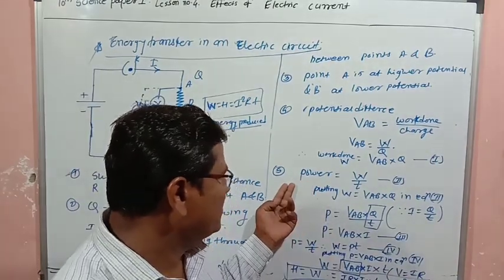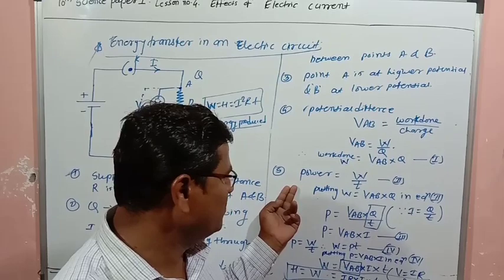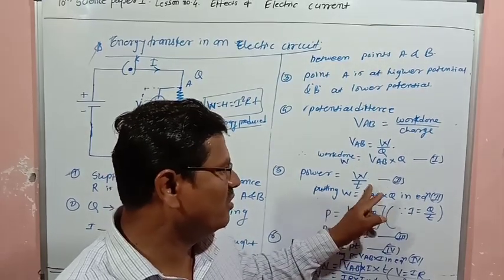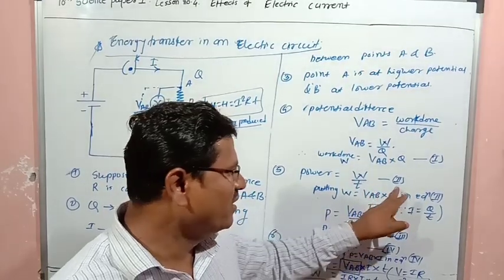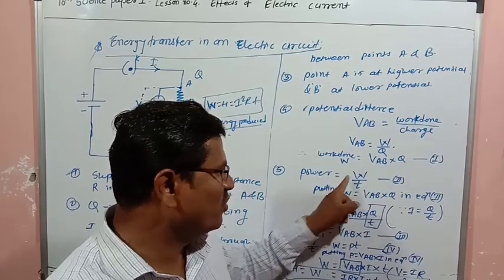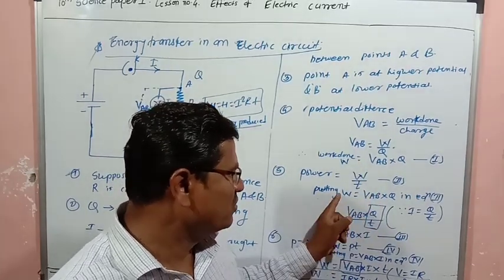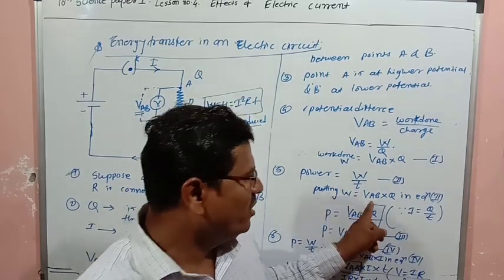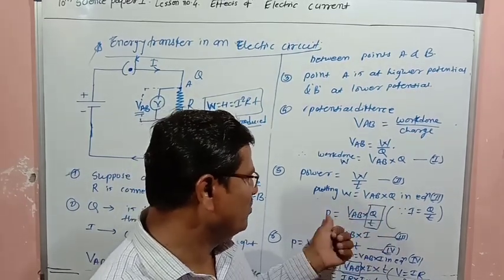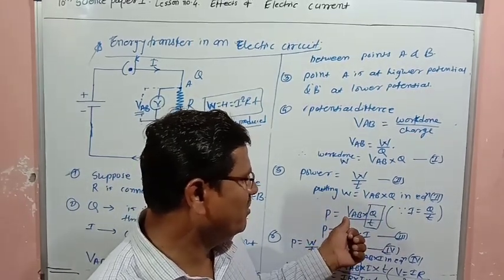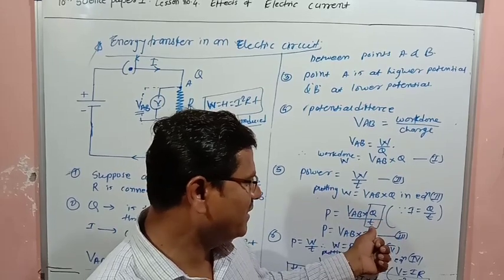Power, P, is equal to W upon T, work done upon time T, equation number 2. Putting the value of W in equation 2, we get P is equal to VAB into Q upon T.